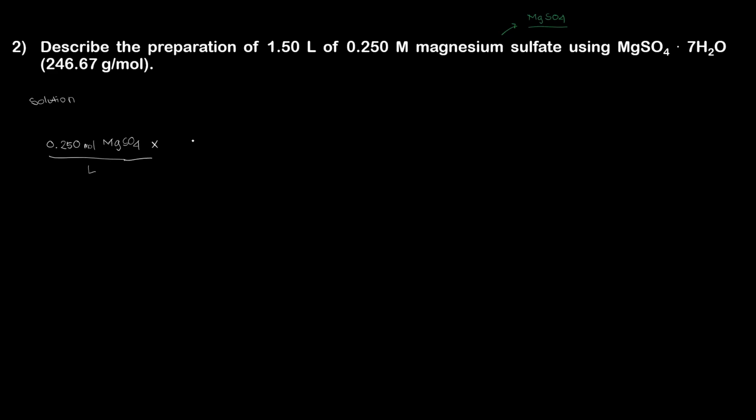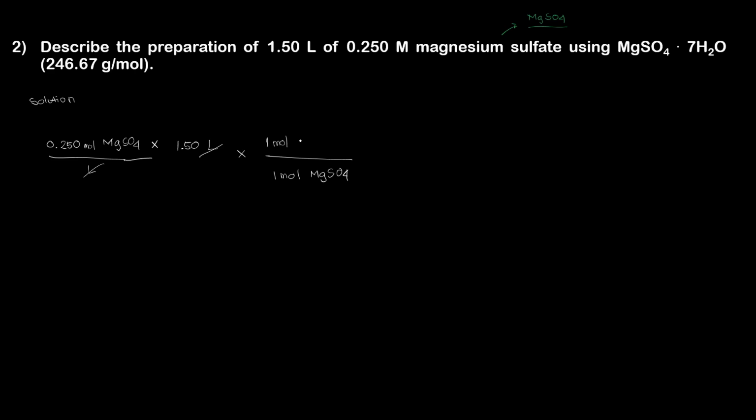Then let's use the given volume, the volume we have prepared, 1.5 liters. Then we can cancel, and we're left with mole MgSO4. So 1 mole of MgSO4, how many moles of the hydrated salt form? That would be 1 mole as well.